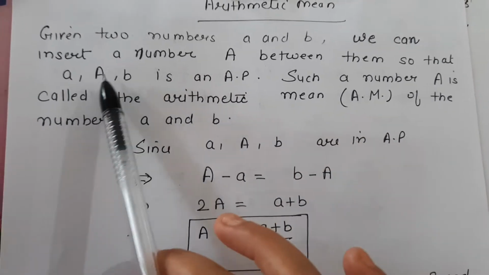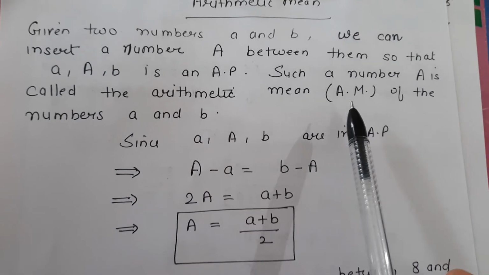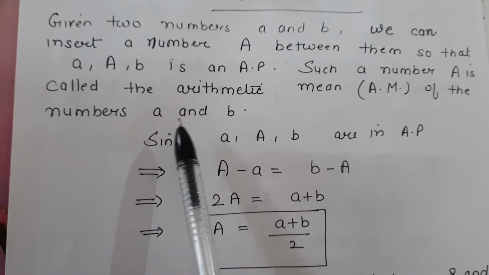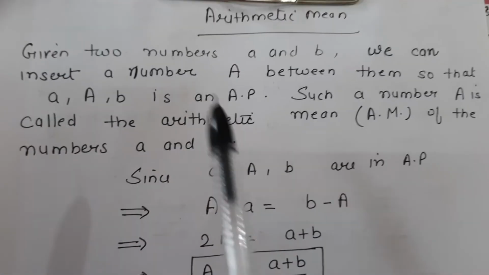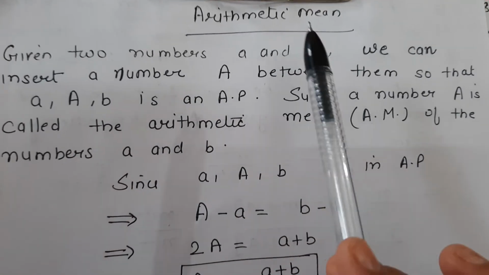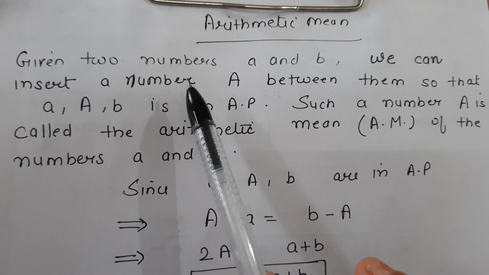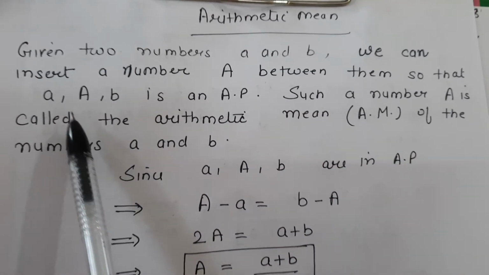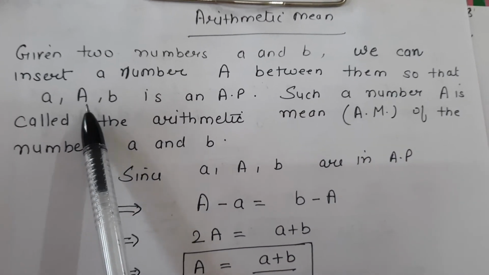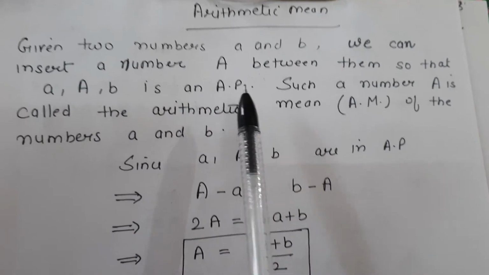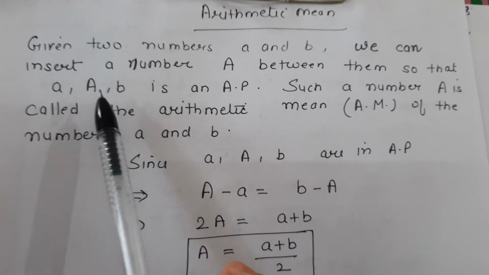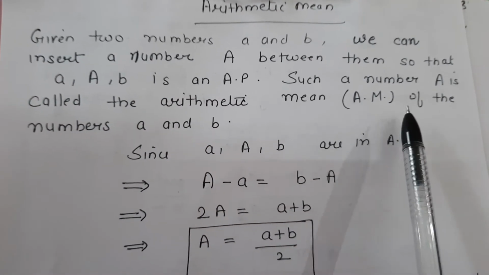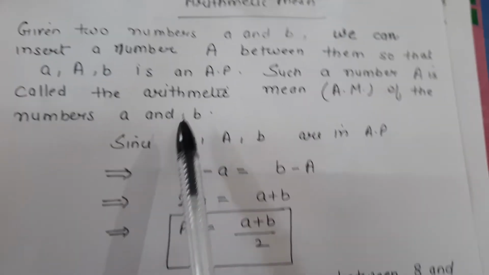So such a number A is called the arithmetic mean of these two numbers a and b. I am again repeating. If we are given any two numbers a and b, we insert a third number, say capital A, between a and b so that the sequence a, capital A and b is in AP. Now this capital A is called the arithmetic mean of these two numbers a and b.